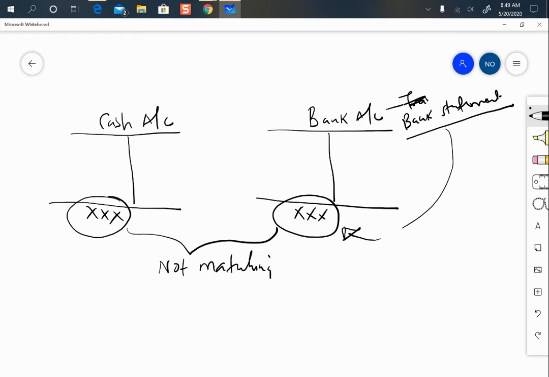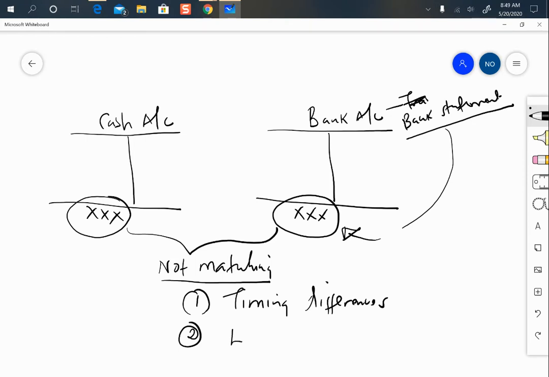Mostly, the reasons why the two balances will not be the same are, first, timing differences, and I'm going to explain what we mean by this. The second could be errors. Again, these could be either intentional or non-intentional.